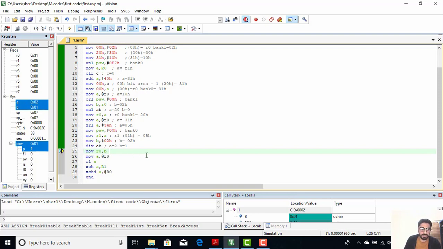And now we will move the value of B to the R0 register. So the R0 register, 00 hex, means we are in bank 0, equal to 1.